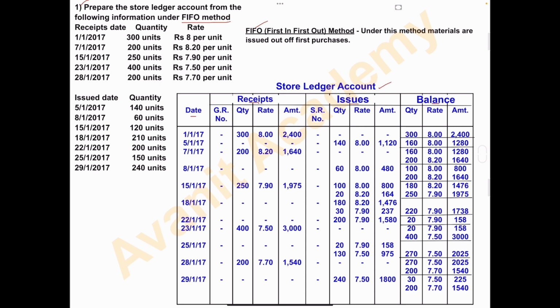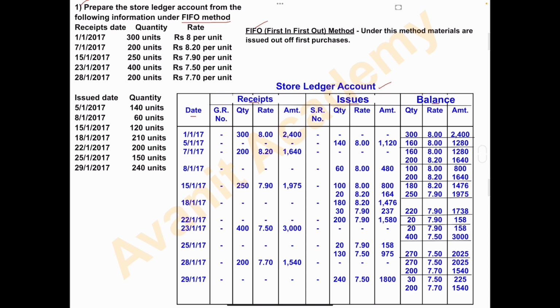In receipts, we have to take the information related to purchase of raw material. Issues, in this column, we have to record the number of units issued to the production department. And whatever the quantity left in the godown in the store will be recorded in this column, that is balance.